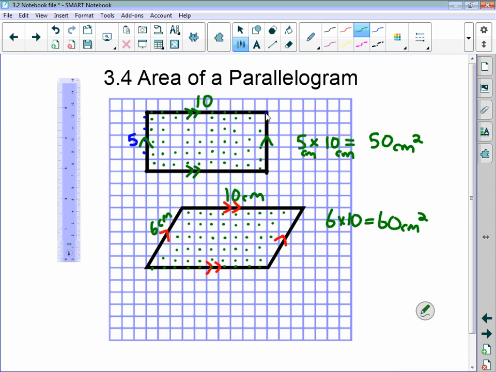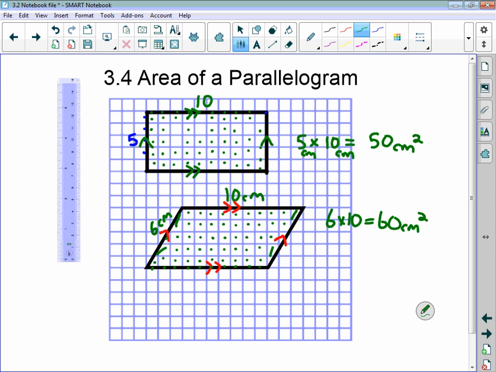These two combined would be 44. Maybe 44, 45, this is almost 46, 47, 48 is pretty much whole, 49. So we're not getting close to 60, but we are really close to 50 centimeters squared.